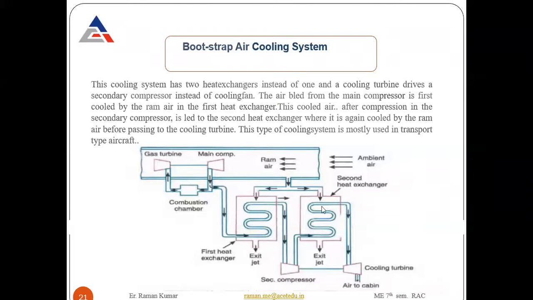Then the ramming air also passes through this second heat exchanger, which helps in cooling down the air passing through it. After this, the cooled air passes through the cooling turbine. Look at this figure, this is the cooling turbine. When it passes through the cooling turbine, an expansion process takes place, and both its temperature and pressure get reduced.